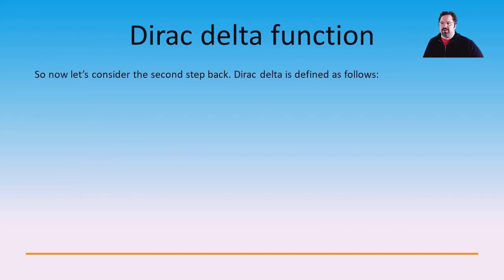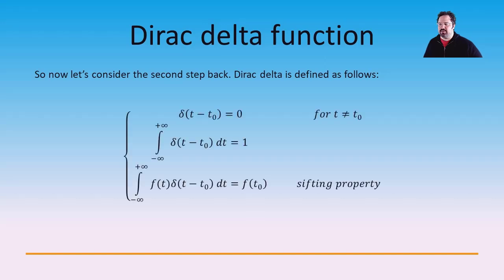Dirac delta. So now let's consider the second step. Dirac delta is defined as follows. Delta is equal to 0 everywhere except for t equal to 0. The area of delta is 1 because delta has width epsilon and height 1 over epsilon.